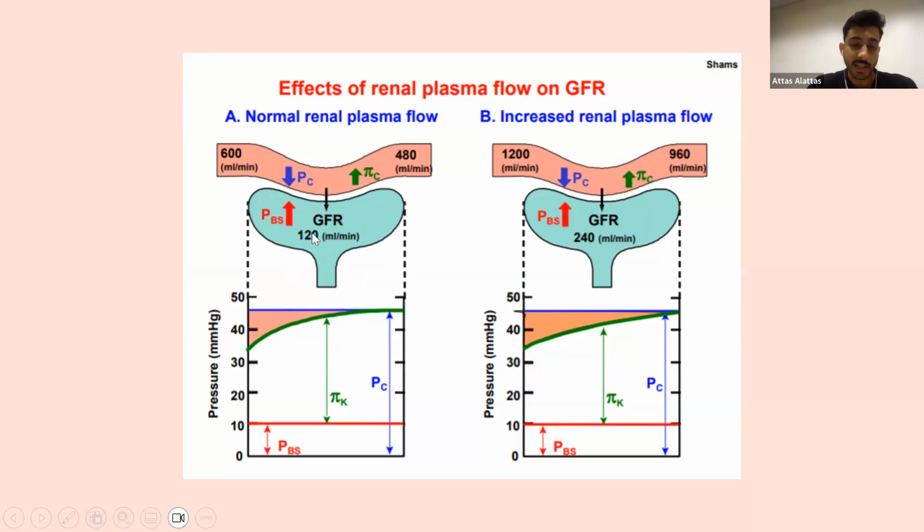So by logic, if you increase the renal plasma flow, at some point you have to increase the GFR for the hydrostatic pressure and the oncotic pressure to reach the equal point.